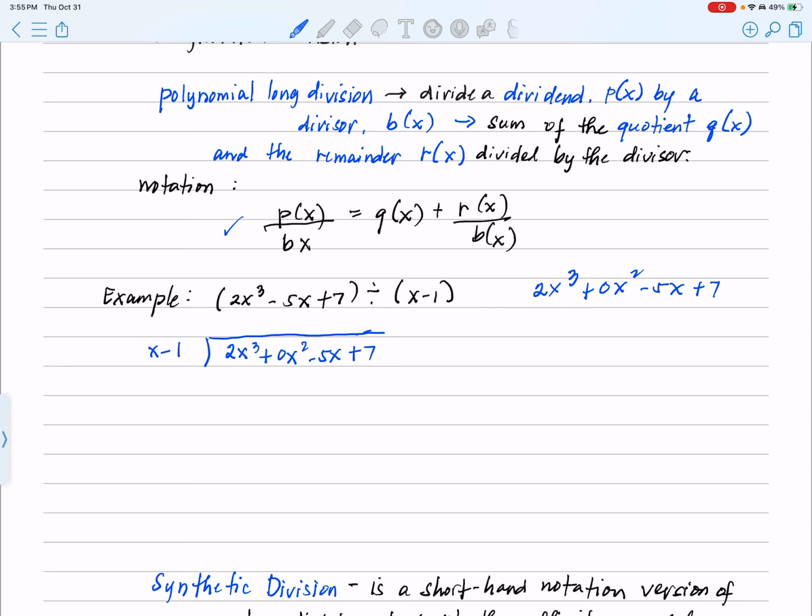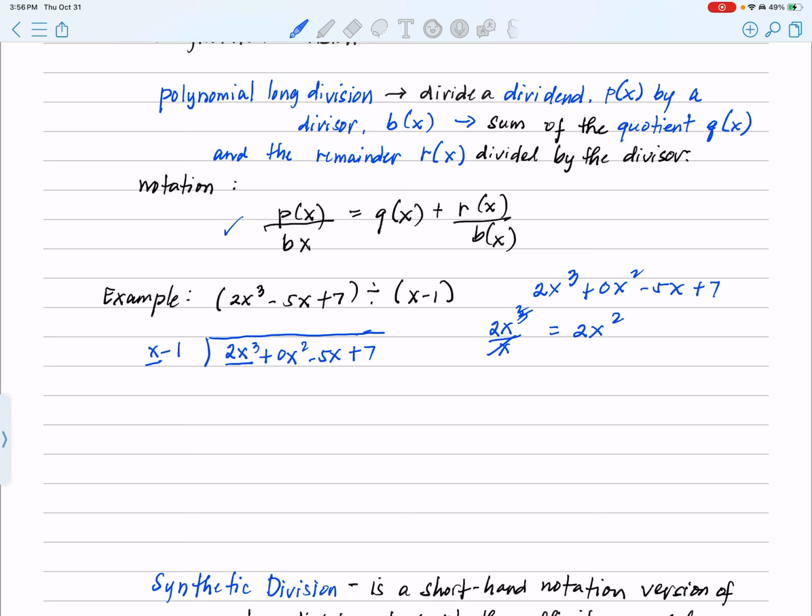The first step is to divide the first term of your dividend, 2x cubed, by the first term of the divisor. The first term of our divisor is x. So 2x to the third power divided by x, our answer is 2x squared, right?